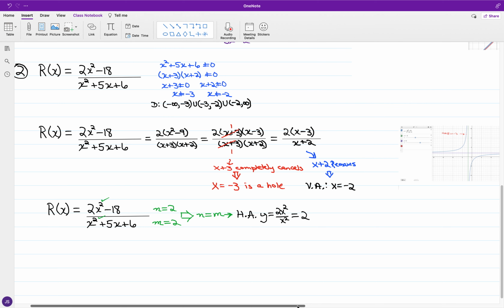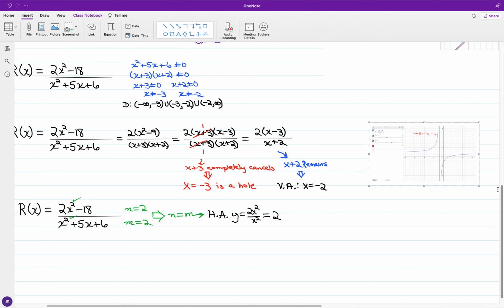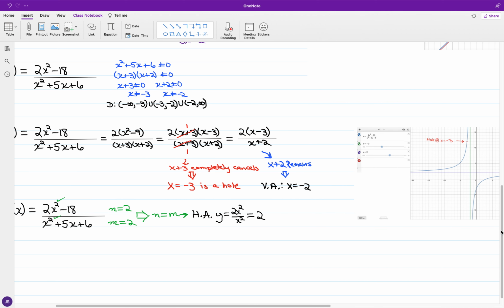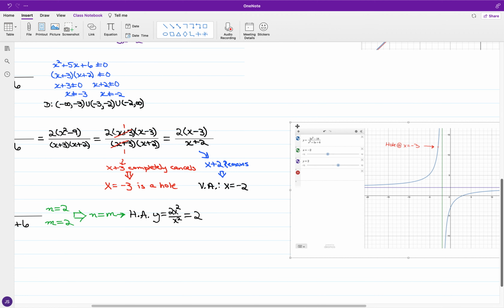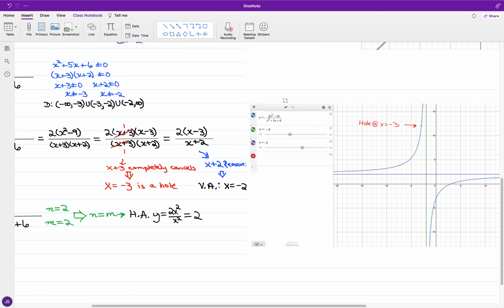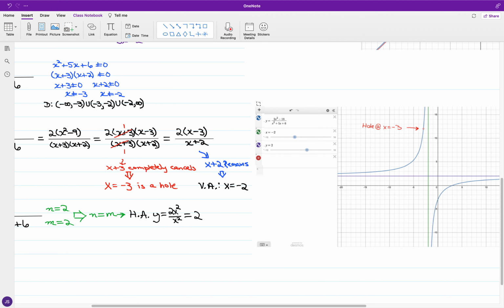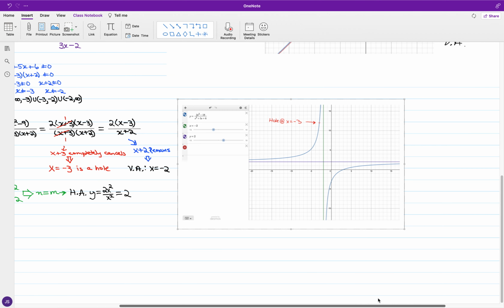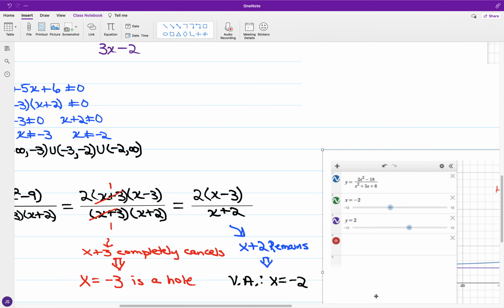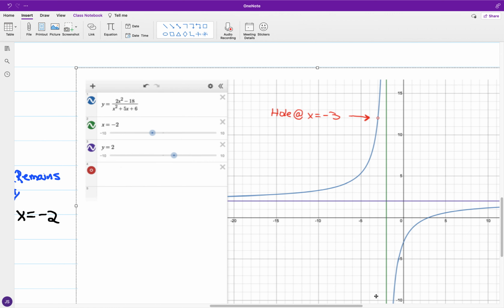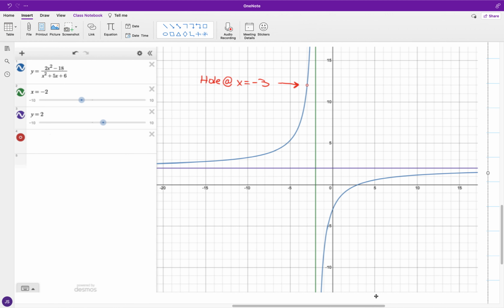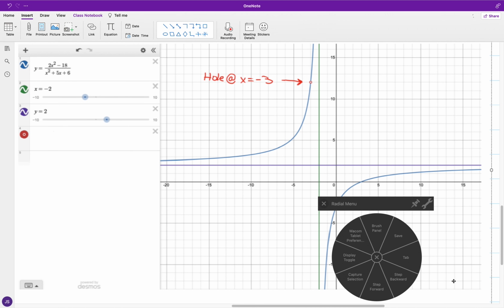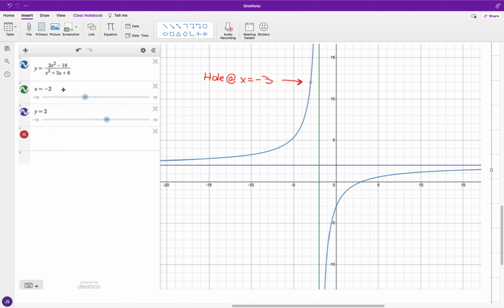And just looking at what we have showing up, we've got the graph of the rational function. This is split up into two sections. You have the vertical asymptote at x equal to negative 2, and this asymptote is off limits.